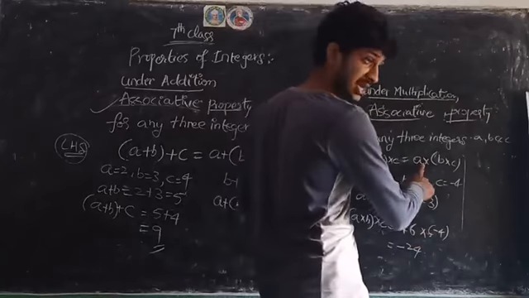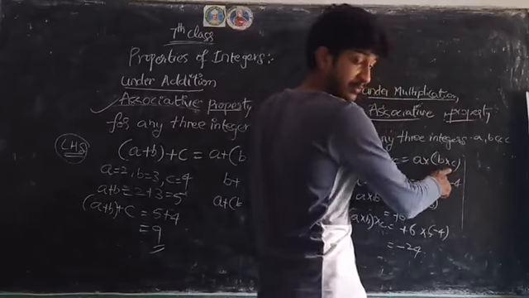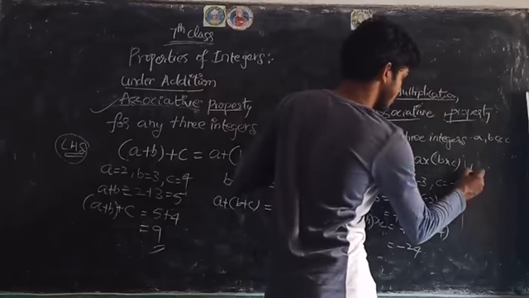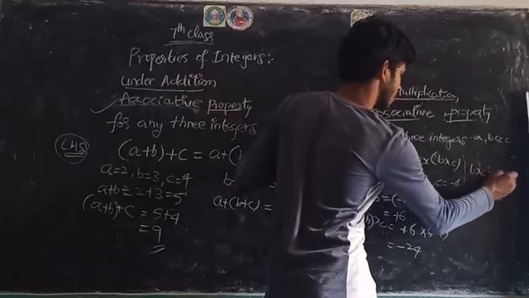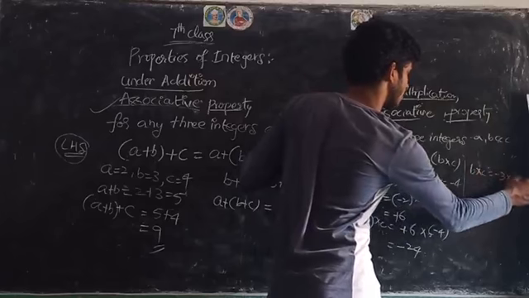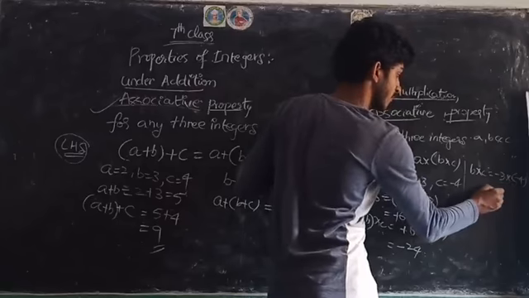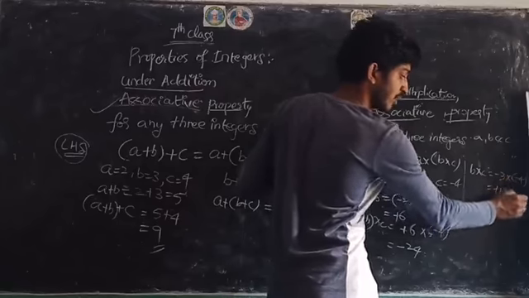Now the RHS side. First of all I am doing b into c. What is b here? -3 and c is -4. b into c is equal to -3 into -4. Minus into minus is plus, and 3 fours are 12.